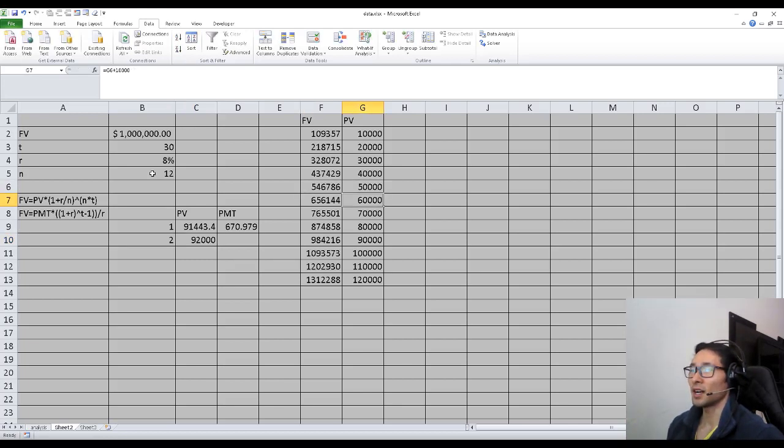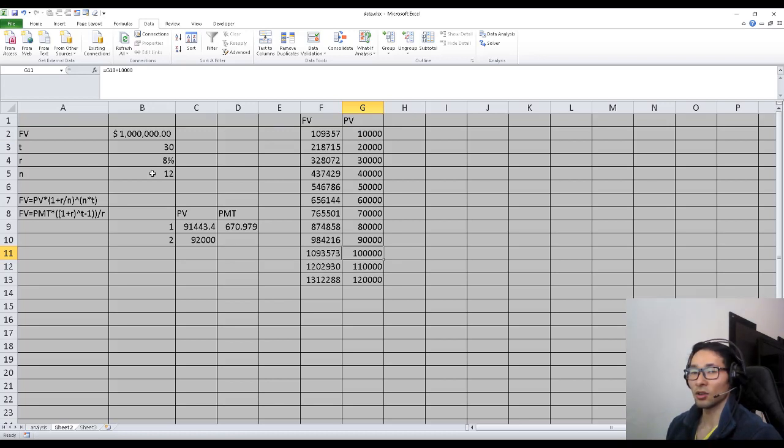For example, here I already know that it's some value between 90,000 and 100,000. So I start from 90,000 and use smaller increments. For example, instead of 10,000, I will just use 1,000 and evaluate the formula again all the way to 100,000.